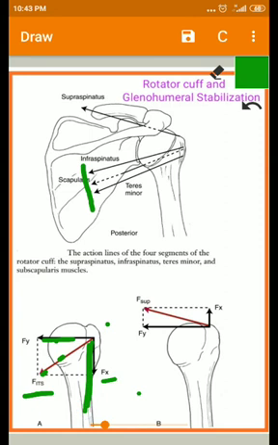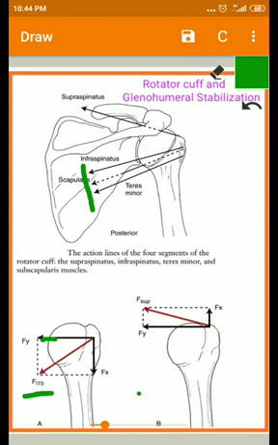So this is happening because the articular surface is perpendicular to the shaft of the humerus, which shows that this force, this Fy, this perpendicular force, not only causes rotation but also causes joint compression. It also causes joint compression around a joint axis.